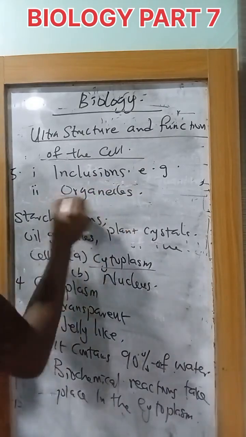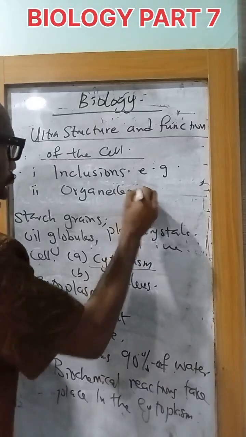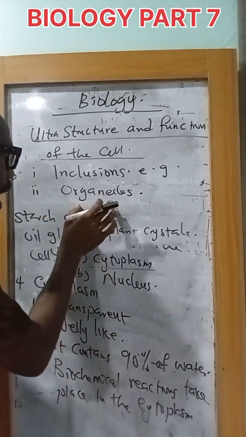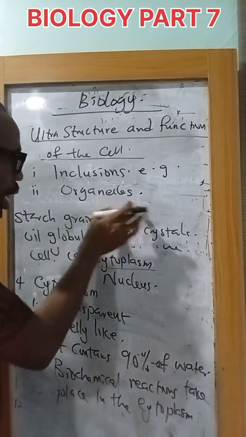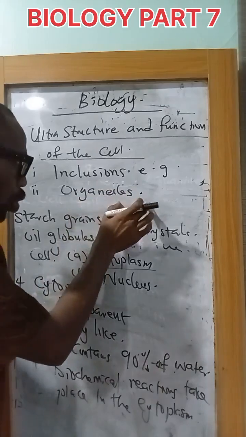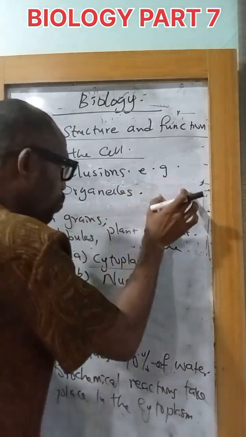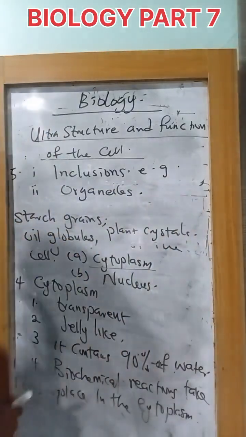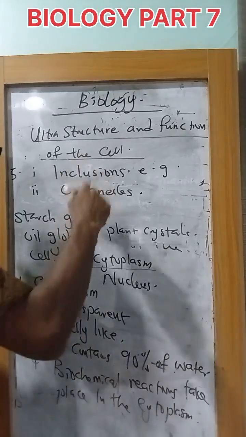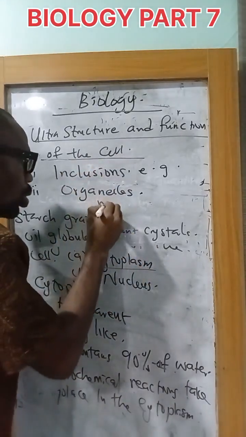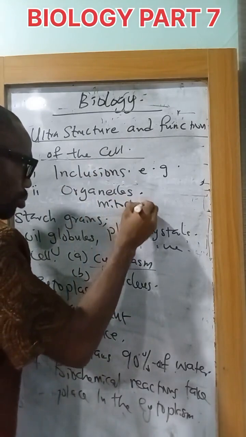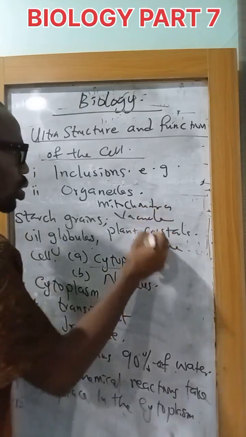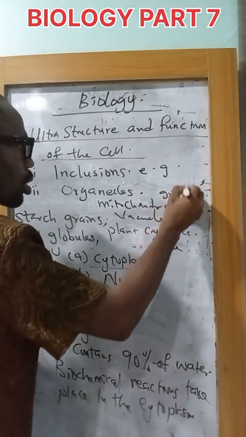Now, the next structure you're looking at is the organelle. What are organelles? They are defined structures that perform specific functions. Some of the organelles that you can find inside of the cytoplasm include mitochondria, the vacuole, and the Golgi body.